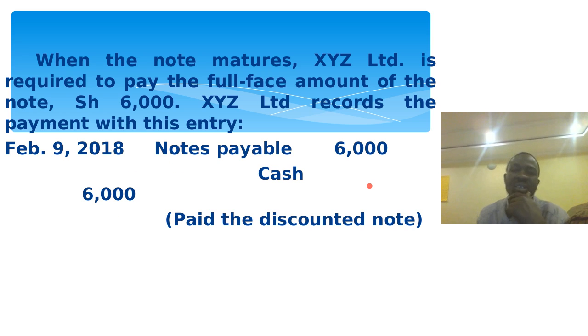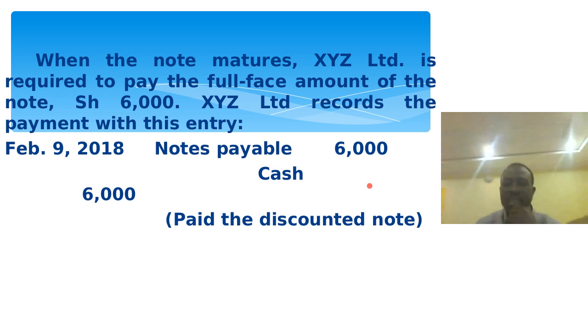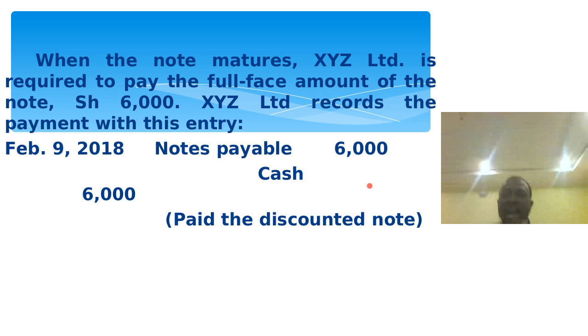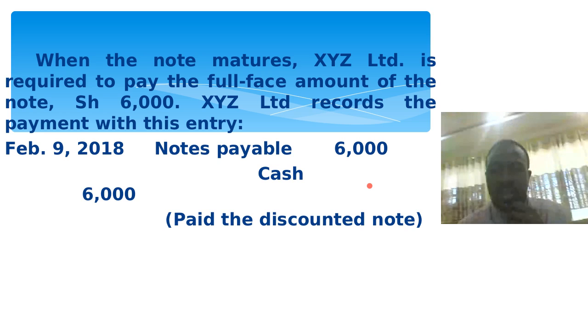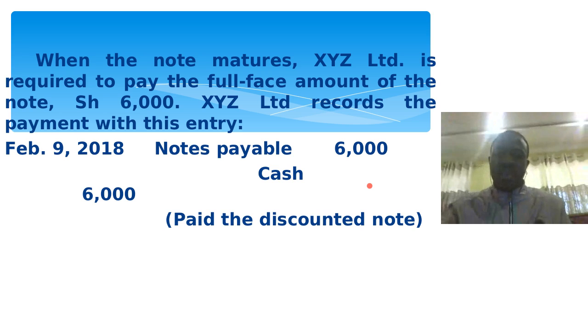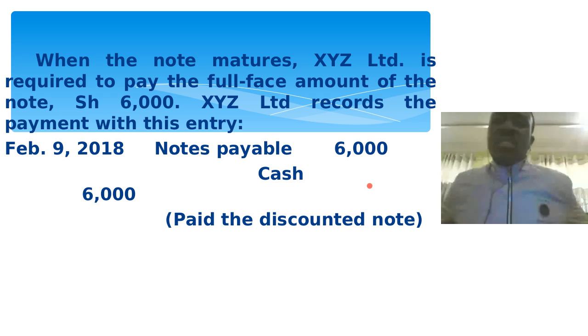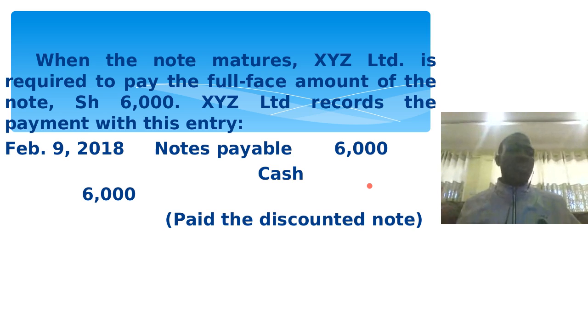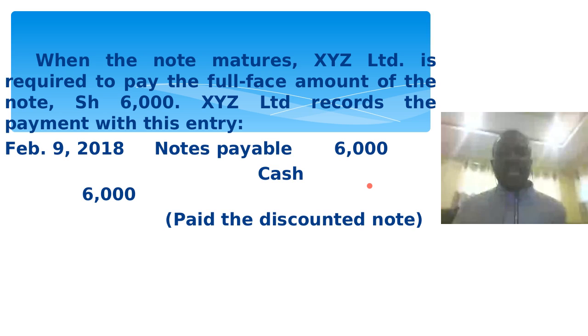So we credit cash because cash has a debit normal balance. Remember, XYZ is paying, so they are taking the money from their account to pay the loan. So it means that their cash will be decreasing.